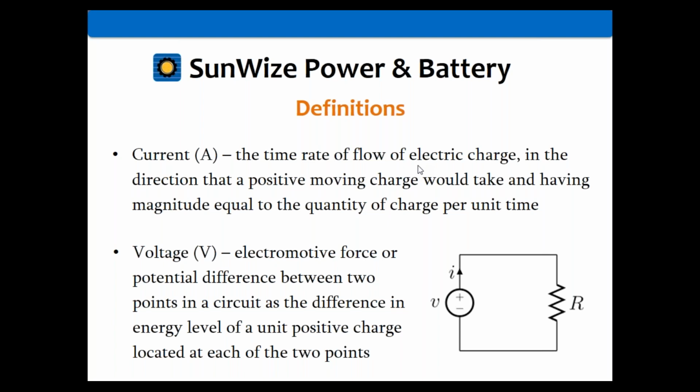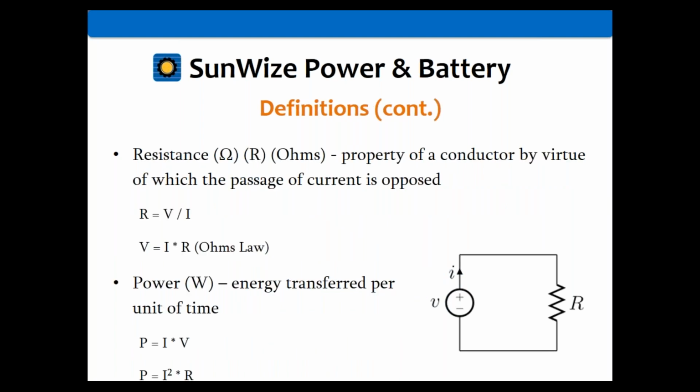And again, that's all pretty big. So what does that really mean? Well, basically, the current is simply the electrons flowing through the wire, or how much electricity is flowing through the wire. That's pretty much the current. And the voltage is that potential difference. And of course, the higher the voltage, the greater the potential. And you'll notice that little squiggly line is a symbol for a resistor, which we're going to talk about next.